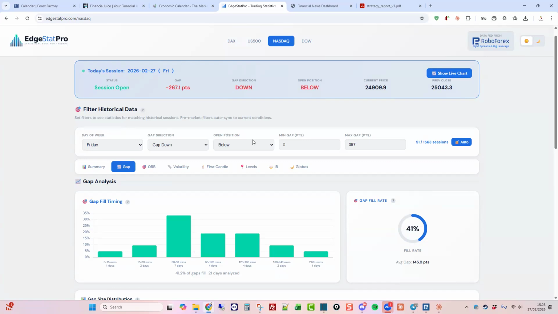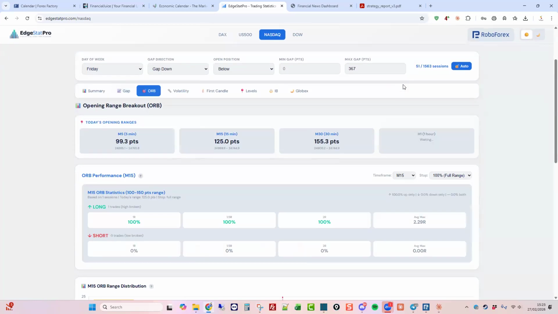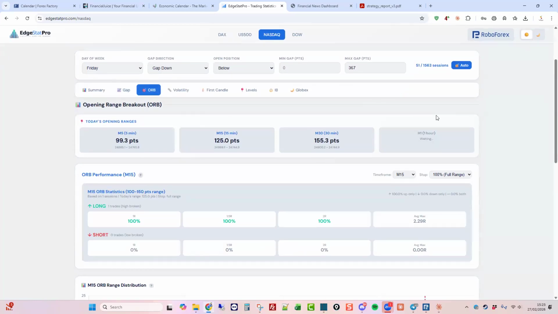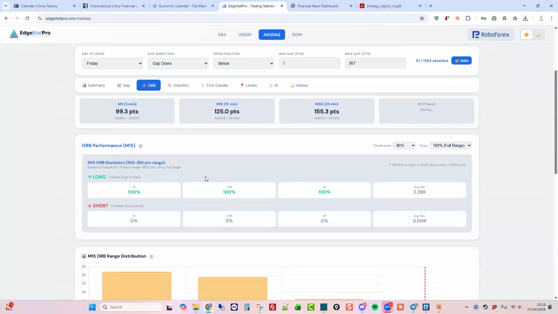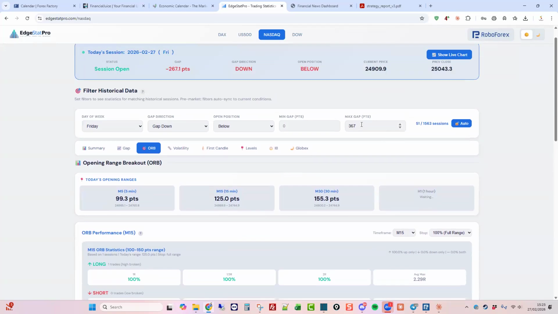I don't know where to look. I can't find anything. Separate it out into what types of data we're looking at. So if you're interested in trading the first 15 minutes and you're looking for a strategy to trade around the first 15 minutes to an hour, you should be looking at what typically happens at the open. So although this is called the opening range breakout, ORB tab, what this is doing is it's telling you what happens at the open. Yeah.